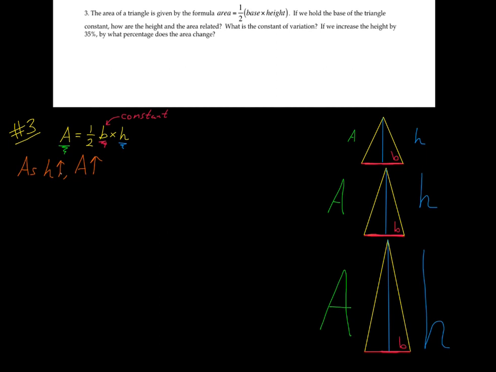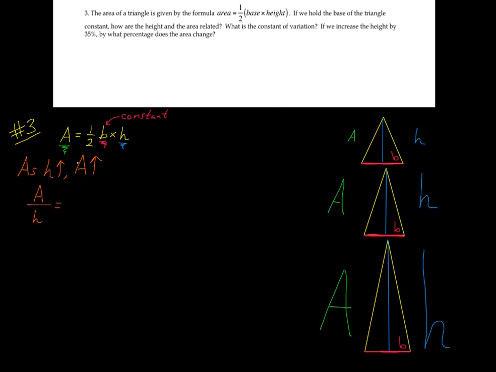In the very first video in section 11.2, we talked about direct variation, and there we noted that if y and x varied directly, as x increased, y increased as well. So is this direct variation? Well, to answer that, let's look at the ratio of the area to the height. So A divided by h, what's that going to be?